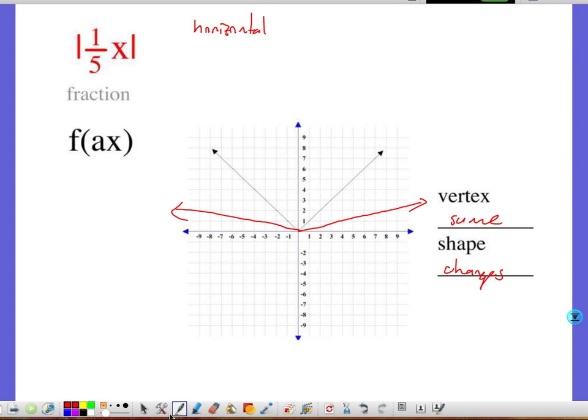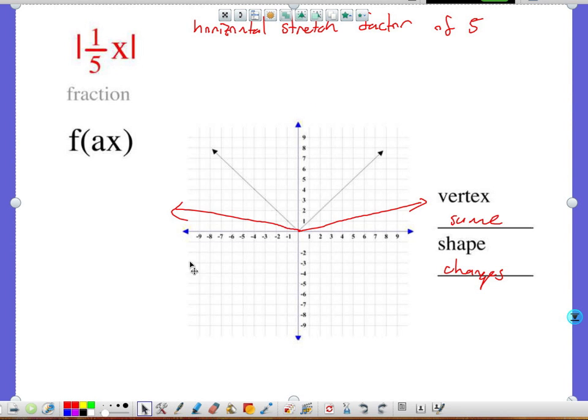Can you guess it? Horizontal what? Horizontal stretch by a factor. Now remember, the factor is always going to be the reciprocal for horizontal. So in this case, horizontal stretch factor of 5 over 1, or just basically 5.